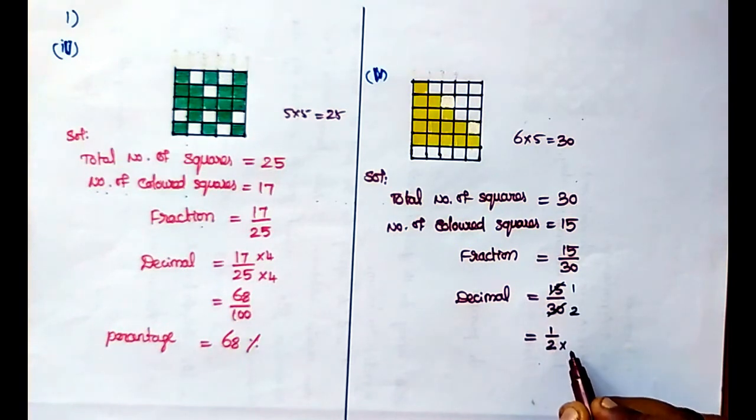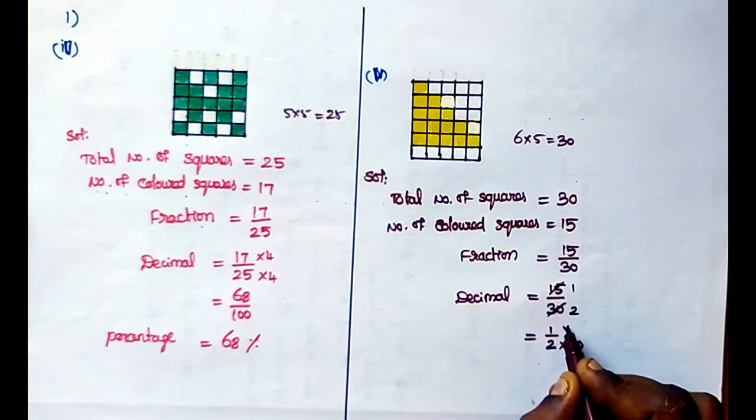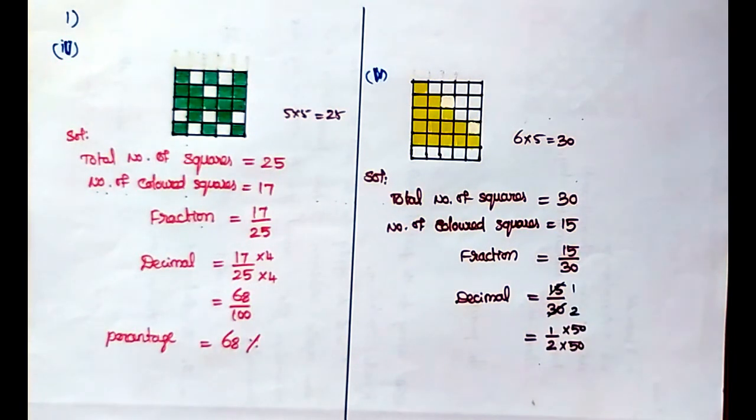How will you change it to 100? 2 50s are 100, so the same number we have to multiply with the numerator also. So we get 50 by 100, that is the decimal. Now percentage equals 50 percent, that is the answer.